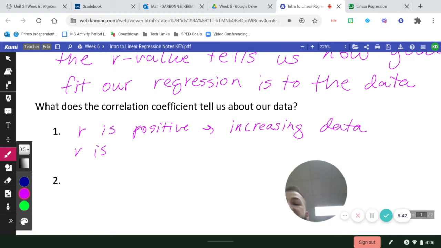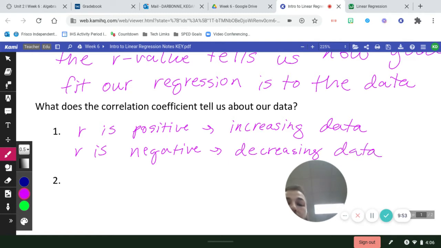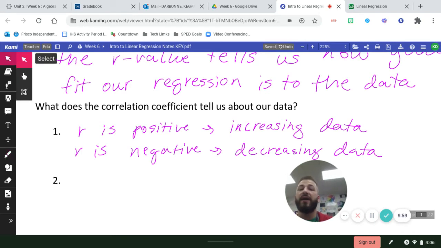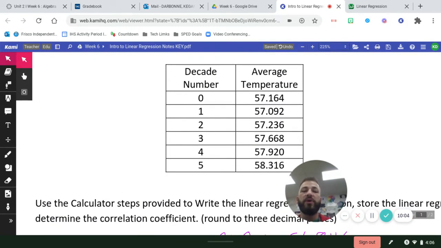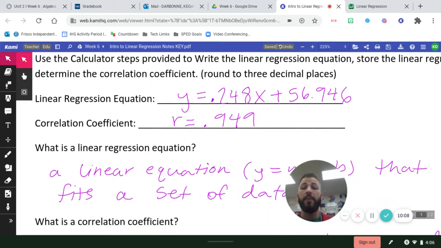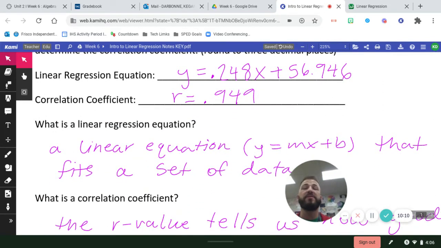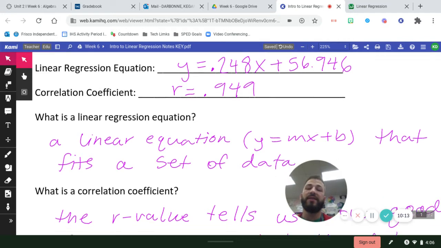If R is negative, then we have decreasing data values. So the sign of R tells us if our data is increasing or decreasing. Looking at our data, we went from 57.164 to 58.316, so we can tell those values are going up. We also got a positive R value, so that fits with what we know about the data.